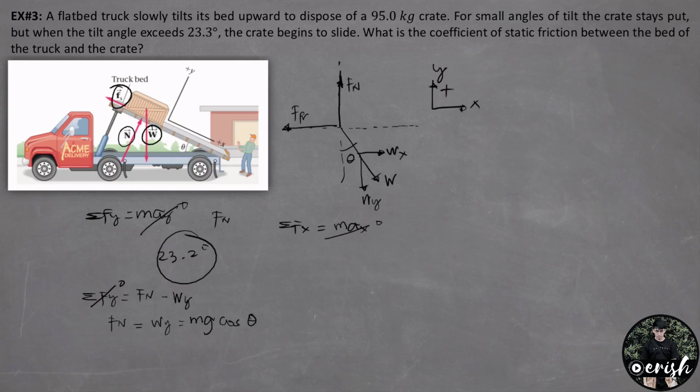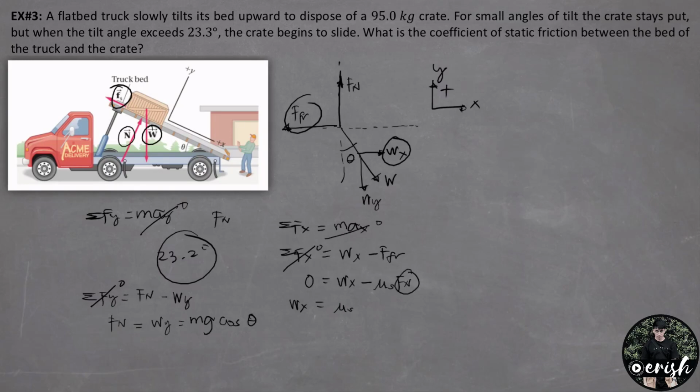We have 23.2 degrees. So by summation of forces, this is 0 and we have weight x na nag-act sa positive x direction minus yung force of friction natin. So this is 0. 0 equals weight x minus ang force of friction natin is coefficient of static friction times the normal force. We have weight x equals coefficient of static friction.